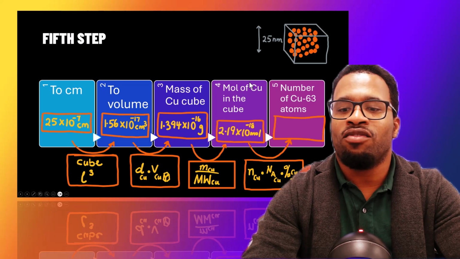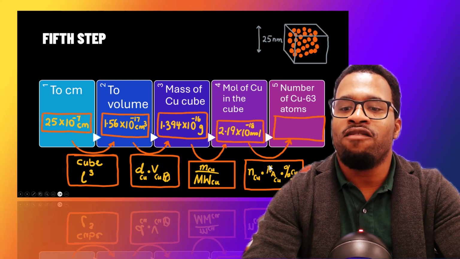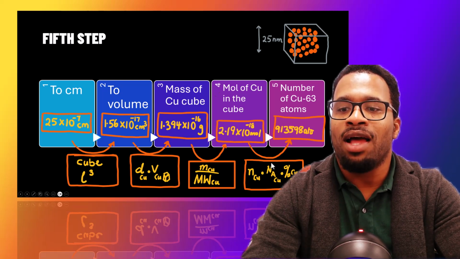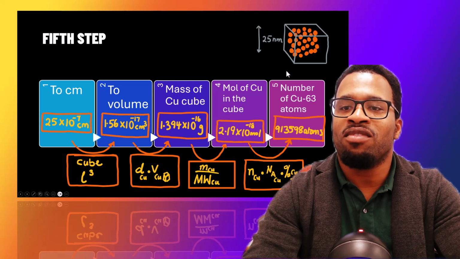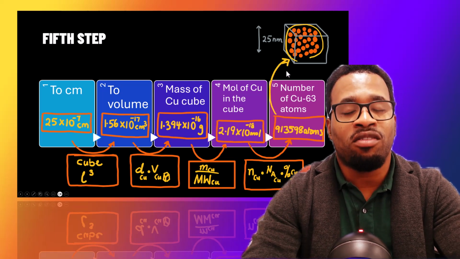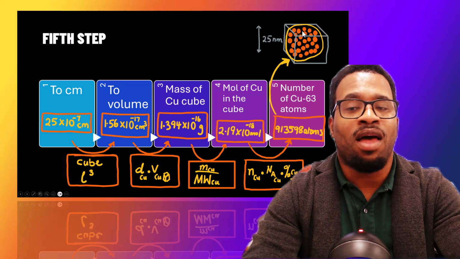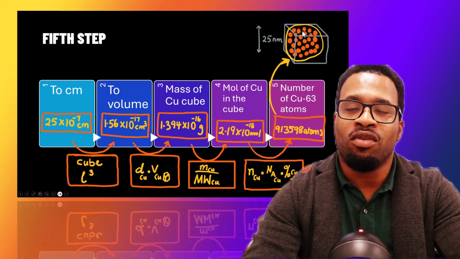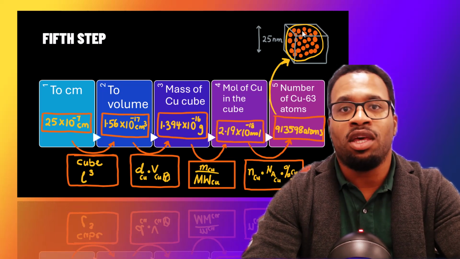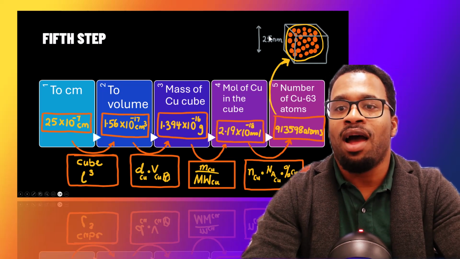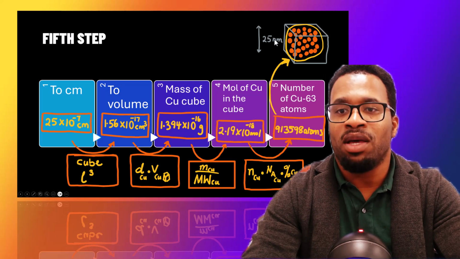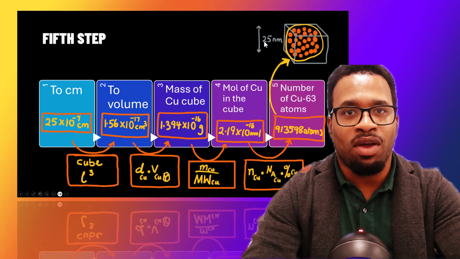This is our final answer: how many copper-63 atoms are present in that particular copper crystal, a cubic shaped object that has an edge measurement of 25 nanometers.